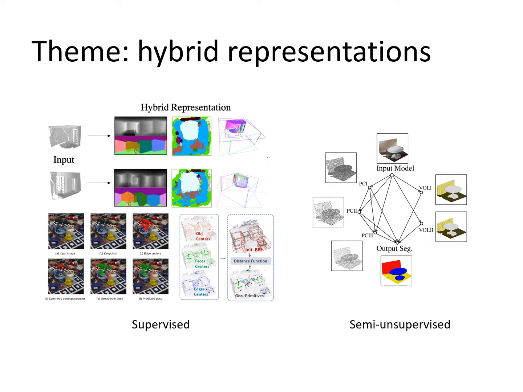Then we will provide some analysis to understand the benefits of hybrid representations in a more principled manner. In the second part, I will discuss how to leverage both unlabeled and labeled data for network training under a graph of hybrid representations. Okay, let's start with the supervised learning setting.